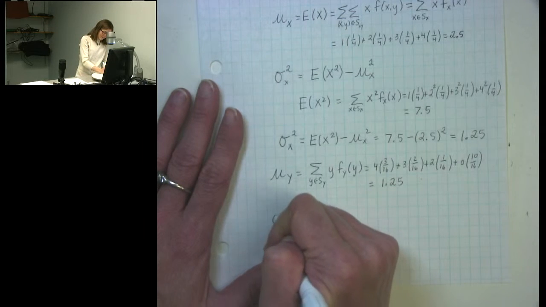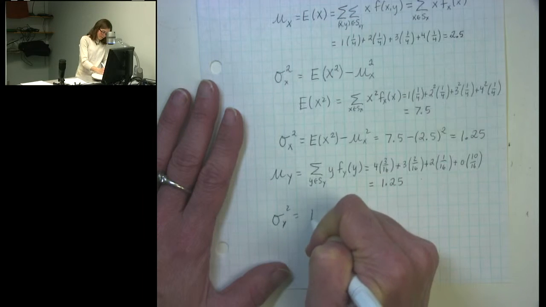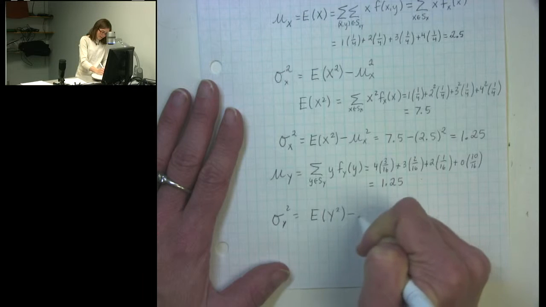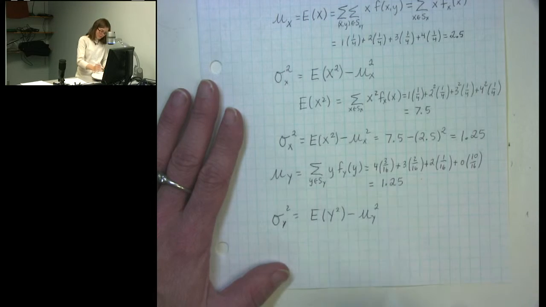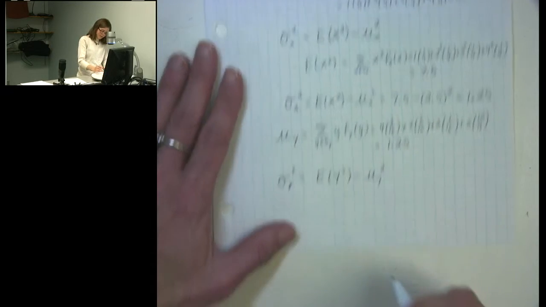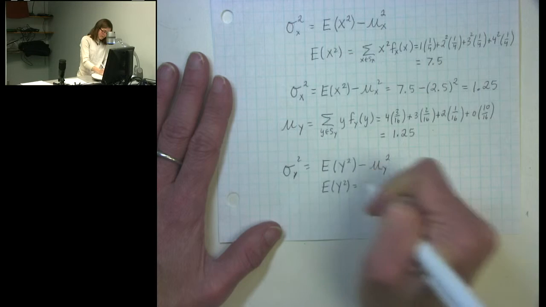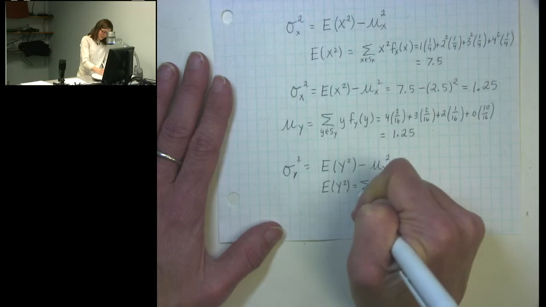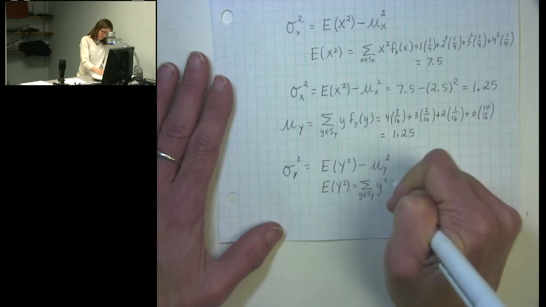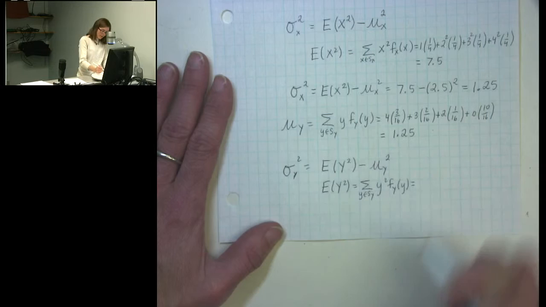To find the variance of y, I'm going to first find the expected value of y squared and then subtract off the mean of y squared. The expected value of y squared, I'm going to go through all the y's in the support of y. I'm going to take y squared and multiply by the marginal probability that Y is equal to y.